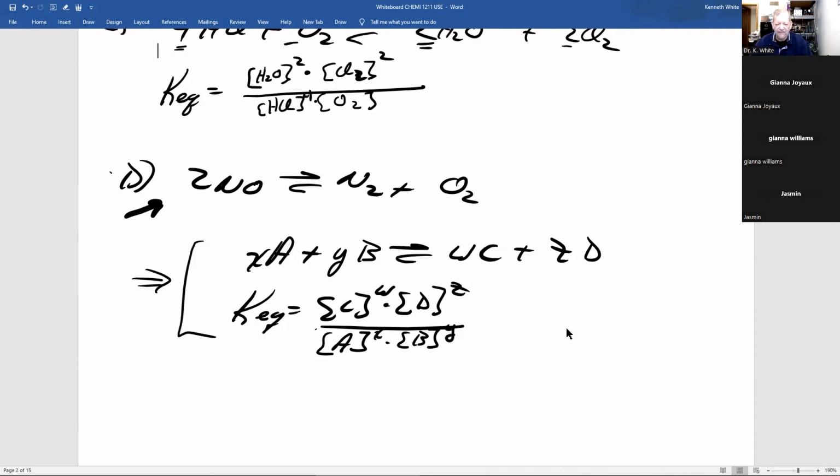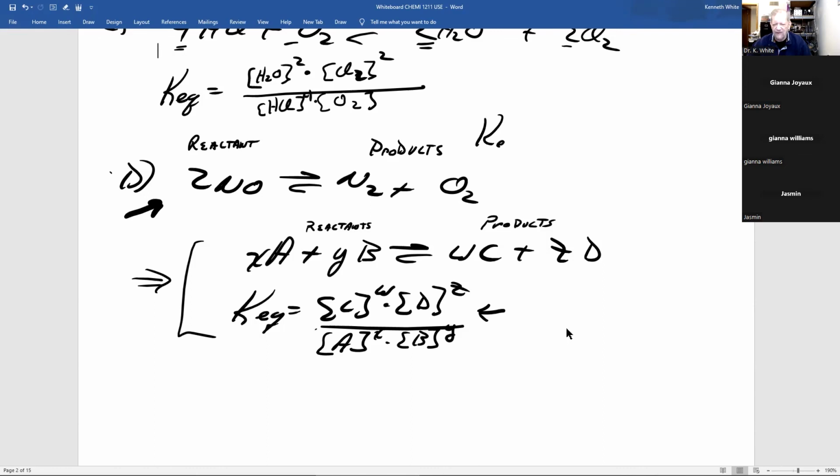Now, remember, this is determined by products concentration to the power of the coefficient divided by reactant concentration to the power of the coefficient. This is my only reactant. These are my products.